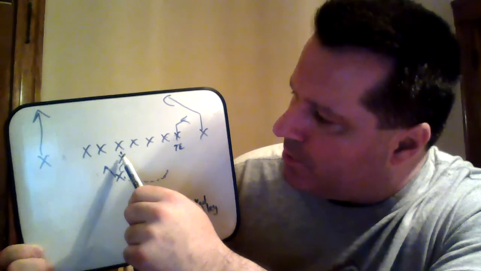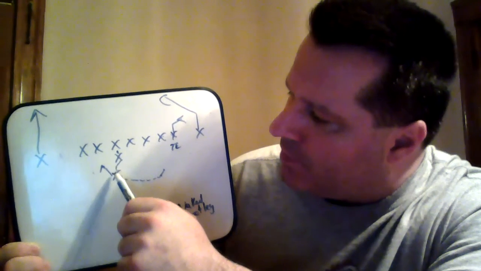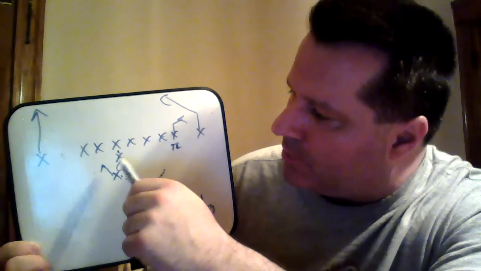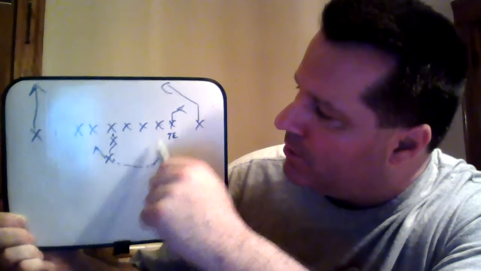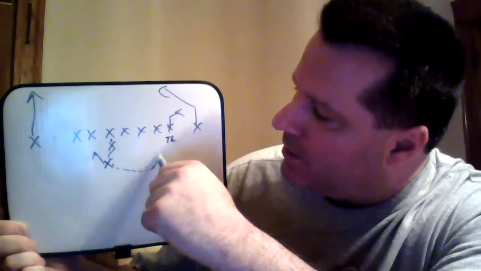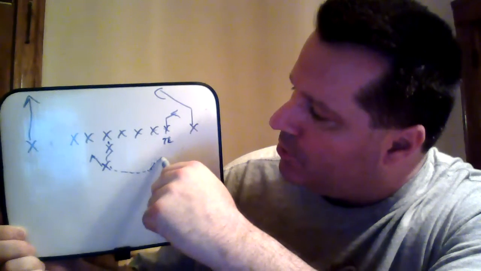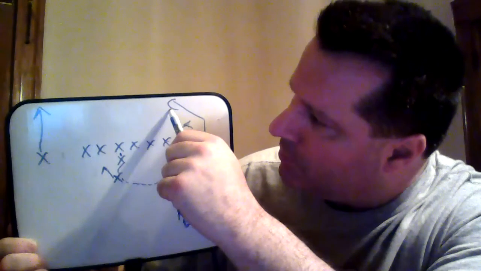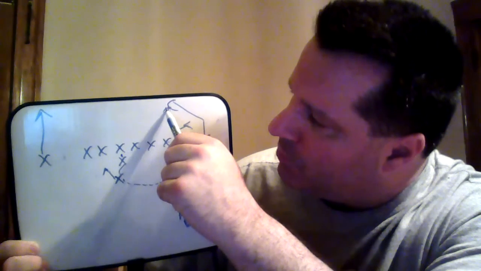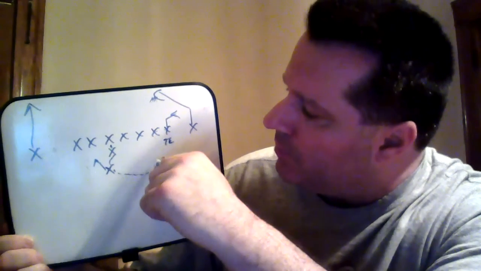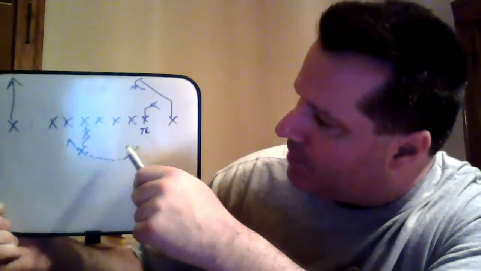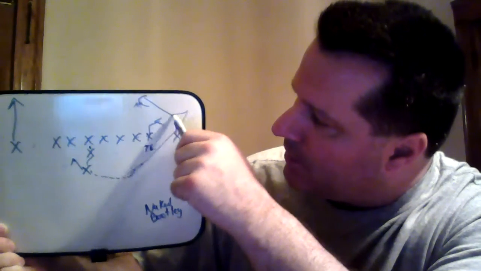Hike it to the quarterback, then fake it to this running back, and kind of roll out. He's going to fake like a play-action fake and roll out this way. You need to hit the tight end here with a little short pass. Or if he has time, he can throw it to this wide receiver maybe 15, 20 yards down the field. If these guys aren't open, he can run down the sideline.